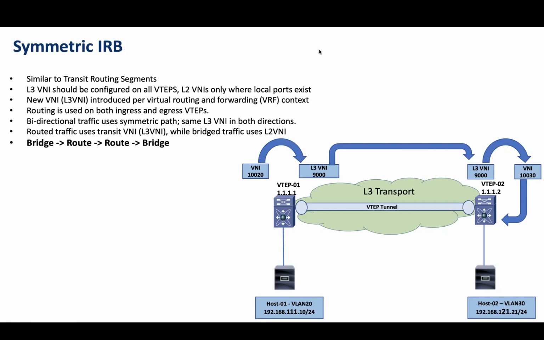Correct? Symmetric IRB is more scalable and widely deployed, as VTEP does not need to maintain unnecessary ARP and MAC entries. Also, there is no need to configure destination VLAN or VNI at the source VTEP. Correct? Hope this session was useful. Thank you.